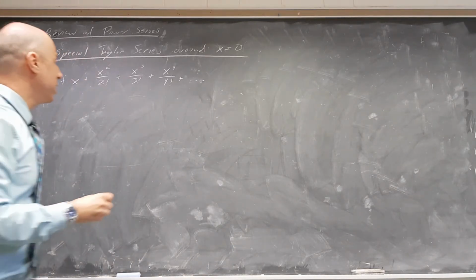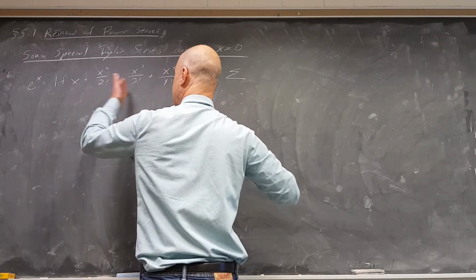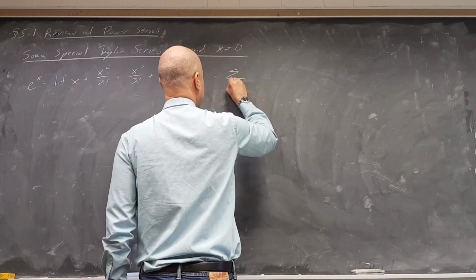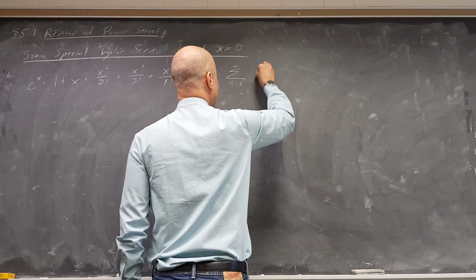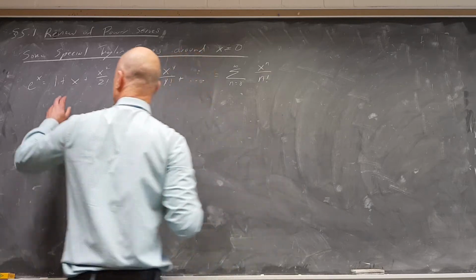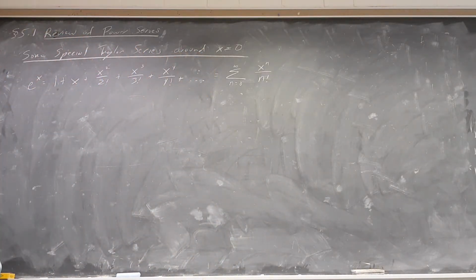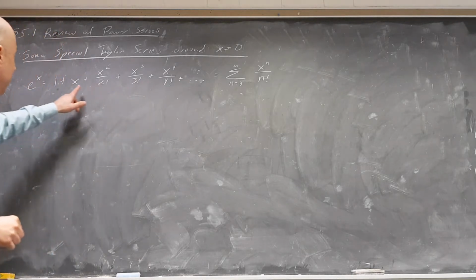And of course I can write this using sigma notation if I like. I'm just as happy with this. N goes from 0 to infinity, x to the n over n factorial, with a reminder that 0 factorial equals 1. So this is a Taylor series I'd like you to commit to memory.